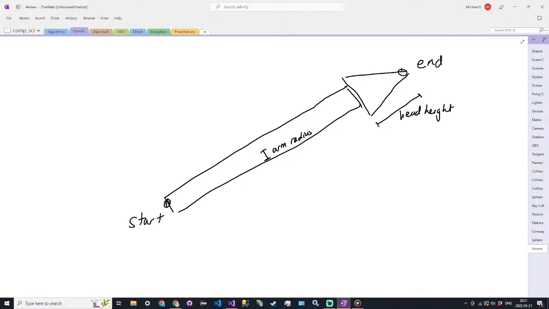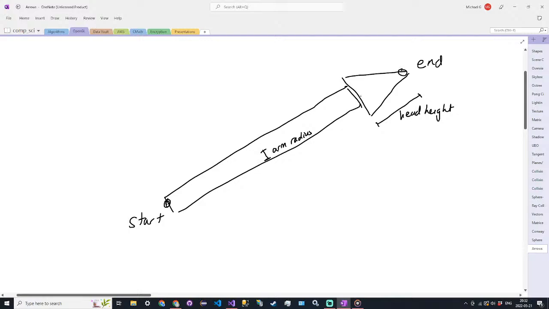For example, if we made an arrow that was 20 units long, and we made the head 1/20th of that, or 0.05 times the length, then that head would be 1 unit long, and that would be a lot. So we're just going to have that head height be independent of the actual length, and we're just going to hard code it in world unit values. We'll play around with this because it'll be pretty cool to see how we can extend the head beyond the start point and also beyond the end point by specifying a negative head height.